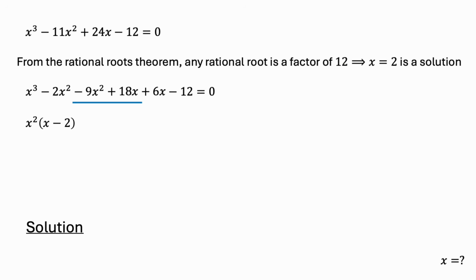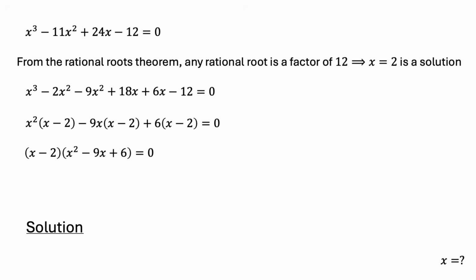Factor minus 9x from these terms to obtain minus 9x times x minus 2. And factor 6 from these terms to obtain 6 times x minus 2. The left-hand side thus factors as x minus 2 times x squared minus 9x plus 6. Therefore, we have x equals 2 or x squared minus 9x plus 6 equals 0.